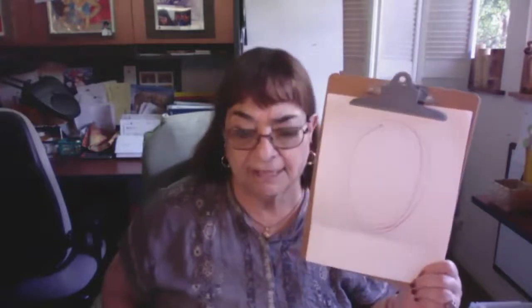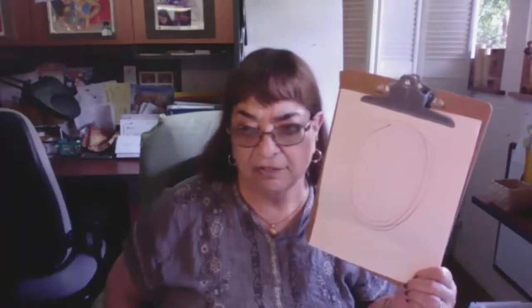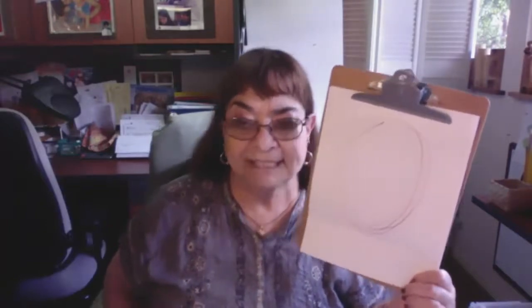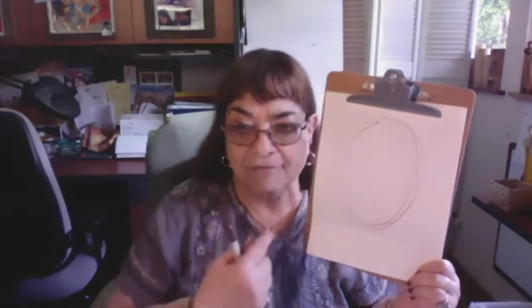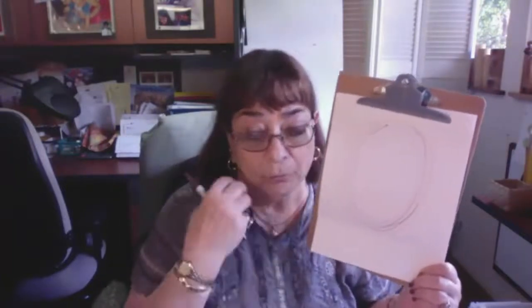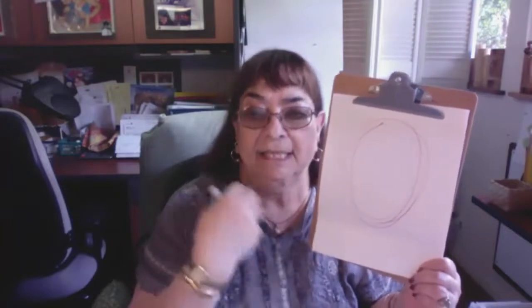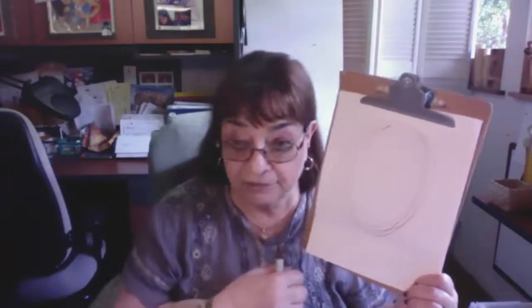Now, the first thing I want you to know about the proportions of the human face, and this is a wonderful fact, is that no matter whether we're tall or short or dark or light or fat or skinny, we all have these proportions. That means how one part or one feature of the face is placed compared to other features. And so all human faces are symmetrical.